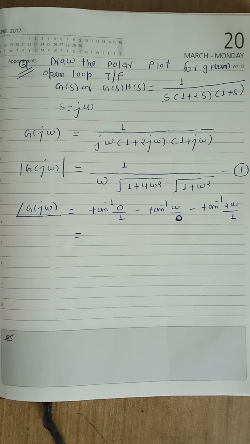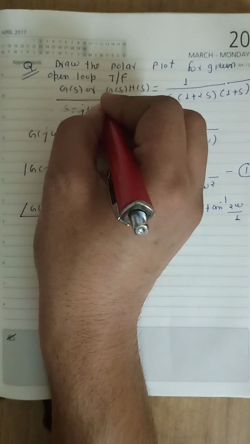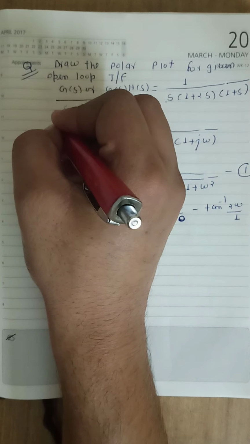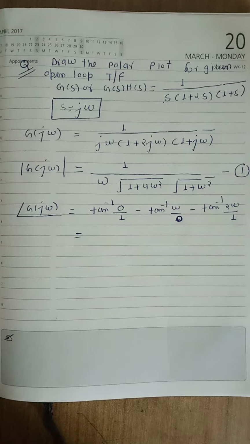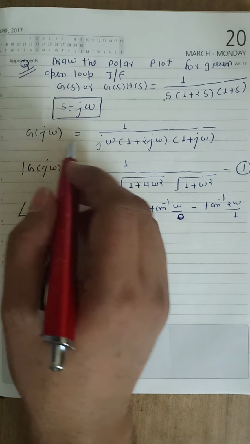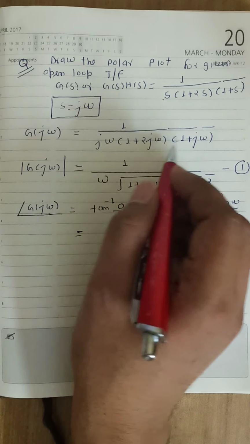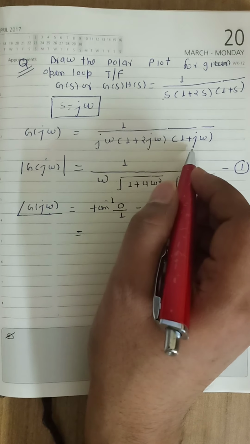So let us consider s equal to j omega. If we put s equal to j omega in the given transfer function, we have G(j omega) equal to 1 over j omega, (1 plus 2j omega), (1 plus j omega).